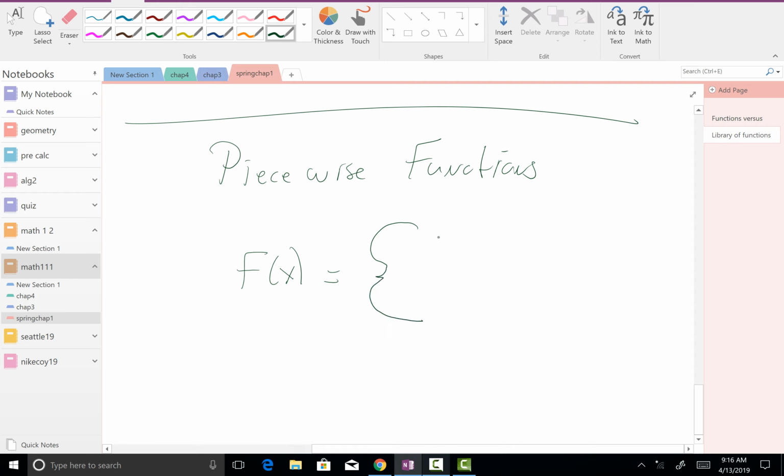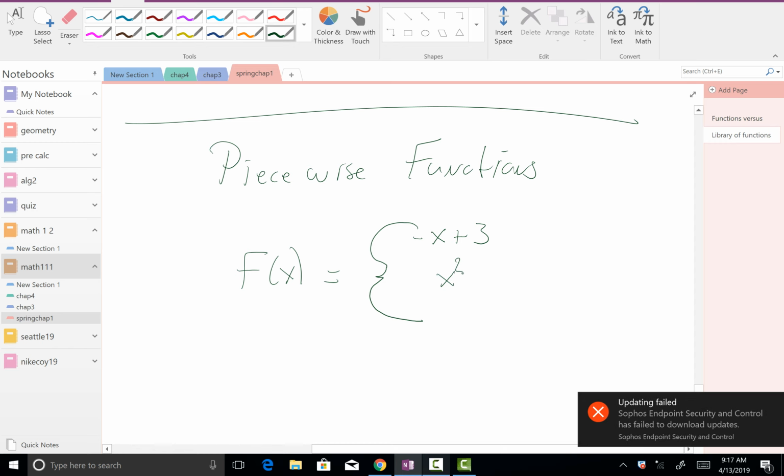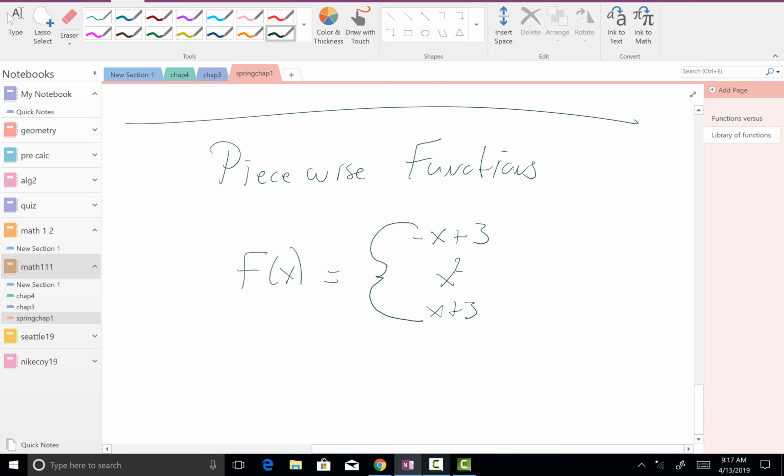All right, so let's say I go x, negative x plus 3, and x squared, and let's go with x plus 3. I have no idea what this is really going to look like. So this has 3 different functions. Okay, and then usually there is a condition for each one of these.